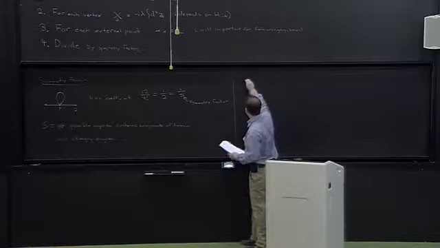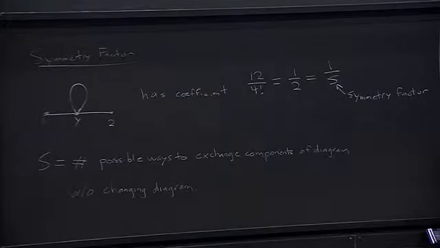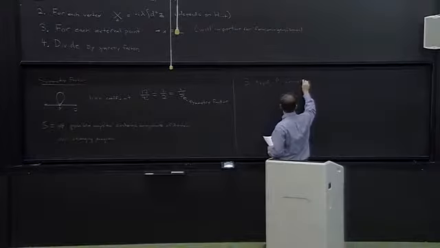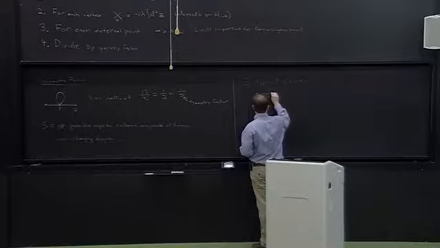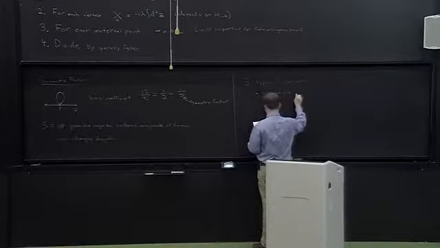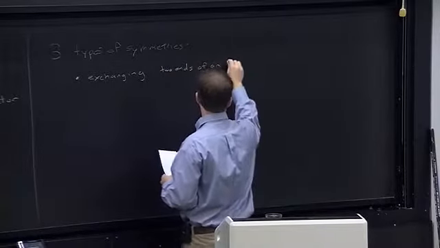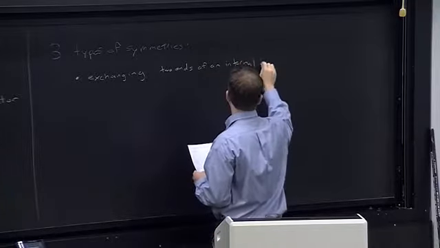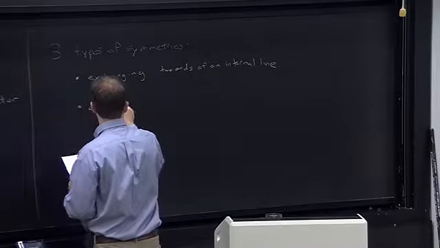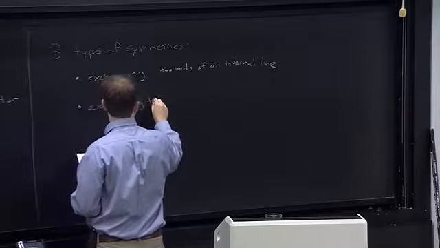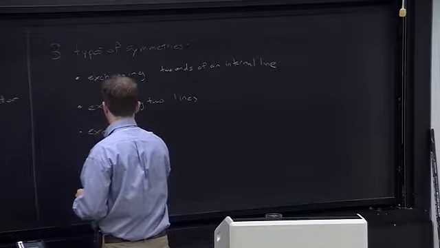And in general, there are 3 types of symmetries to look for. First is exchanging the 2 ends of an internal line. Second is exchanging 2 lines. And the last is exchanging 2 vertices.